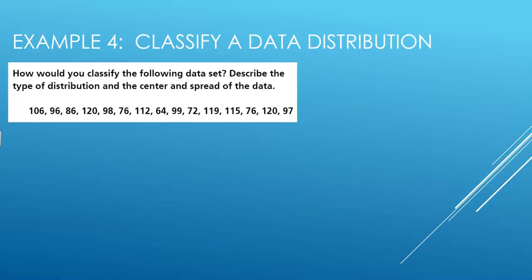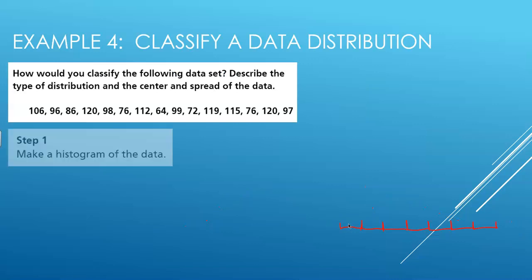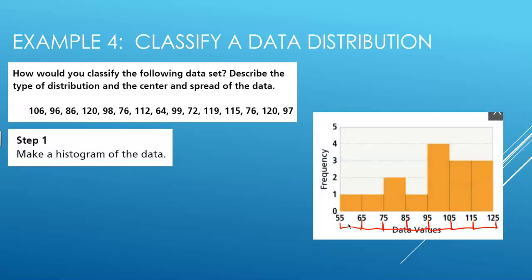Let's look at this data set. When I look at this data here, and I'm going to make my histogram, it looks like this. Notice there is an interval of 10 between all these.